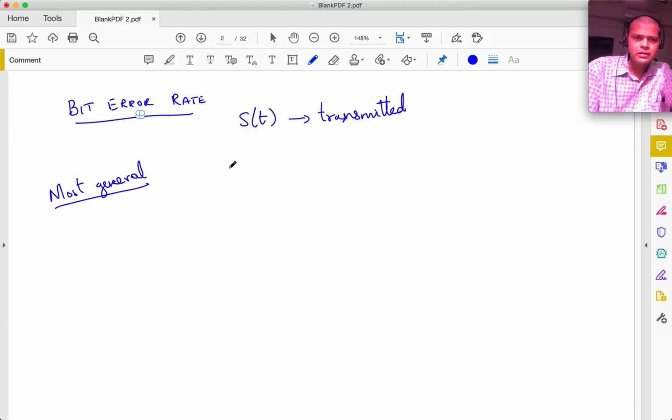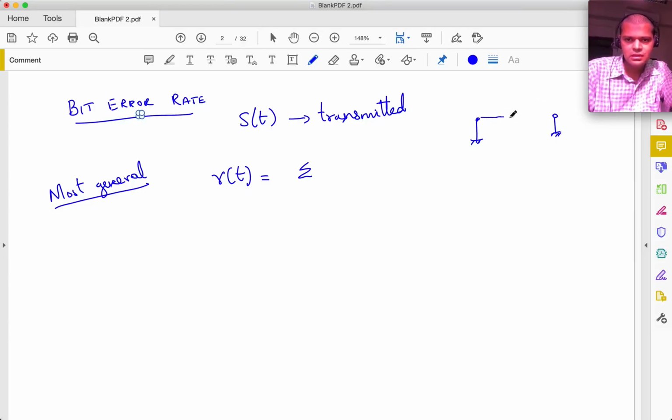The most general case is that what I receive, let's say R of t at the receiver, is going to be a set of reflections. We said there's going to be multipath. Here is an antenna at the sender and the receiver. This is the sender, this is the receiver. The signal might have a direct line of sight component, but there are also reflections, like we said.